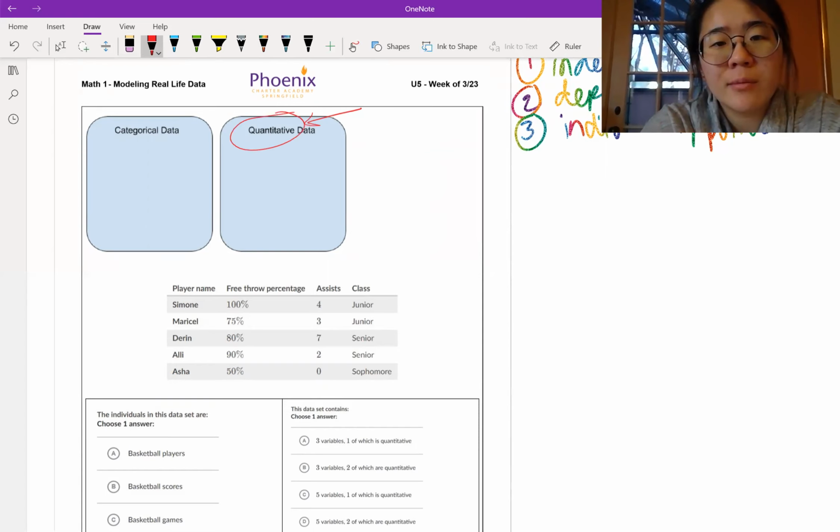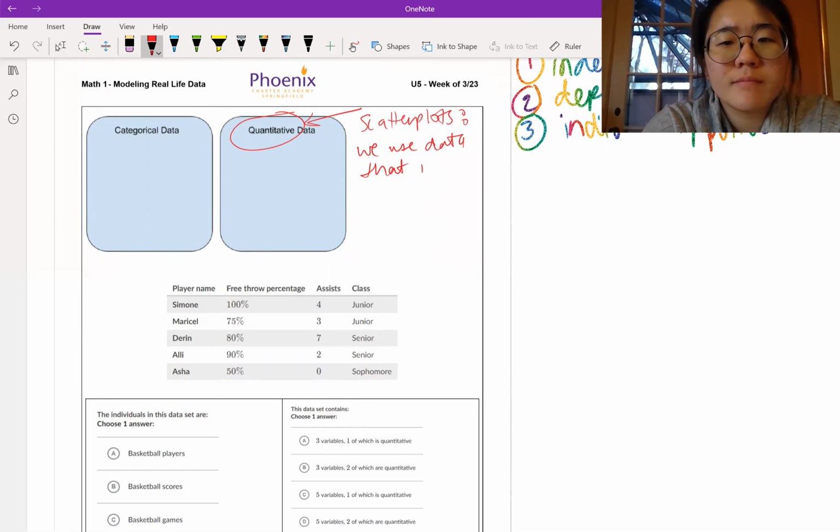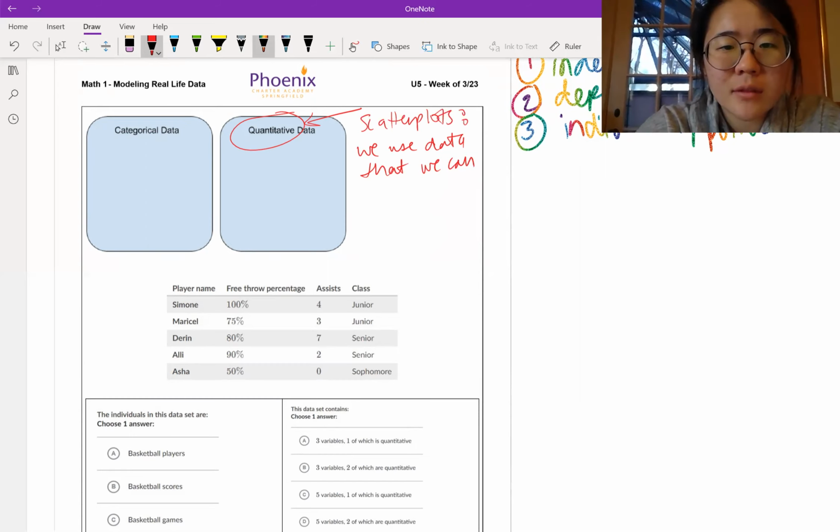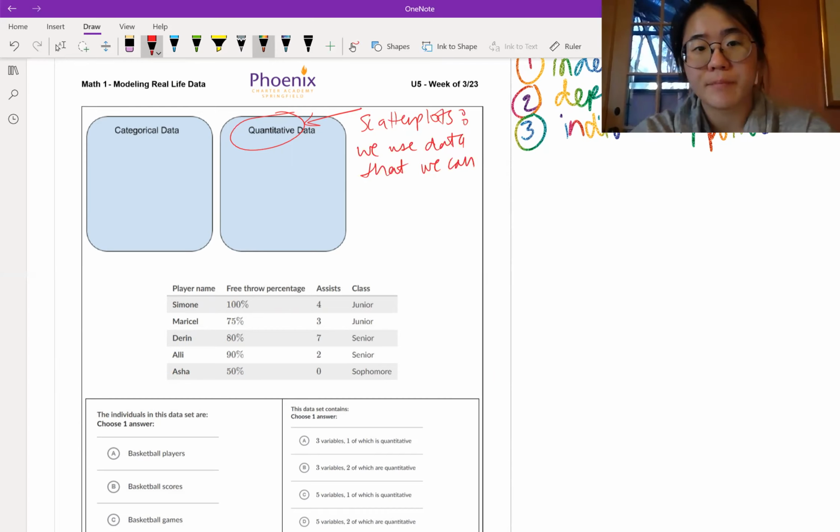So for scatter plots, we use data that we can measure. And this is the most important thing, is that we are able to measure our data, okay?